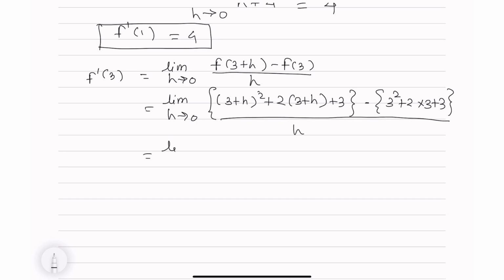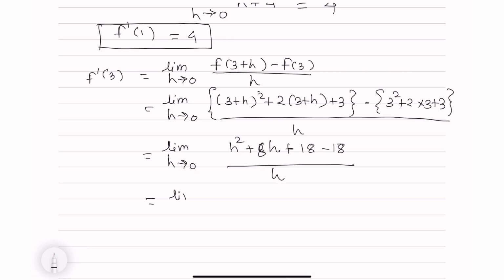So we get here limit h tends to 0, h square plus 6h plus 2h, that is 8h, plus 18 minus 18, divided by h.